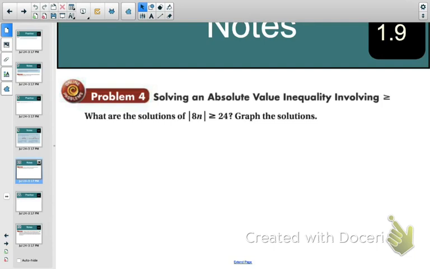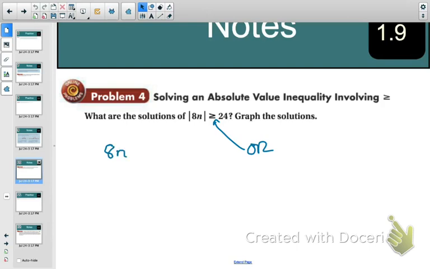So let's look at this one. What are the solutions of absolute value of 8n is greater than or equal to 24? Automatically you should be able to look at this and say this is an OR problem because it's greater than. But if you're not sure, if you get confused, you can always just go through and solve it like I'm about to right now. So absolute value of 8n, if I want to remove the absolute value, I have to write two inequalities.